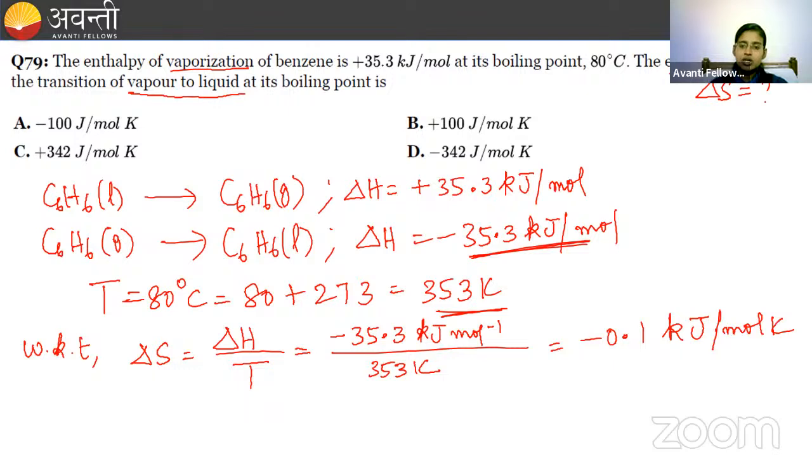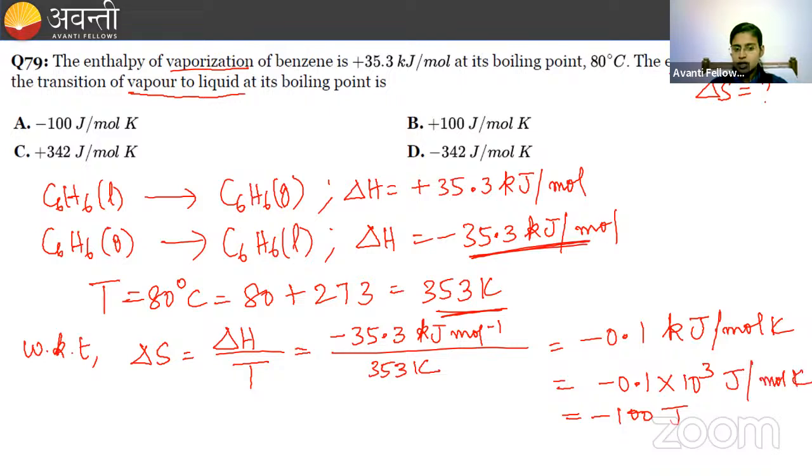If we want to convert kilojoule to joule, we have to multiply by 10 power 3. So if we multiply this, we get minus 100 joule per mole per Kelvin.